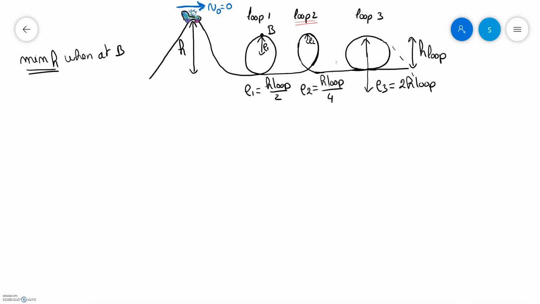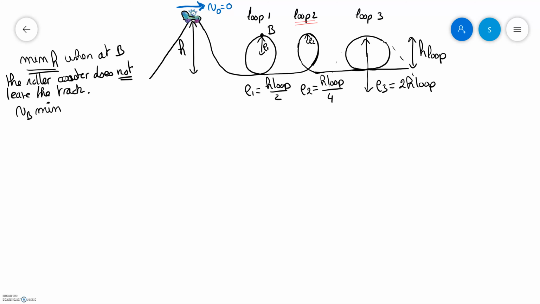The roller coaster does not leave the track. So we can solve when it's about to leave, and that's the limit.